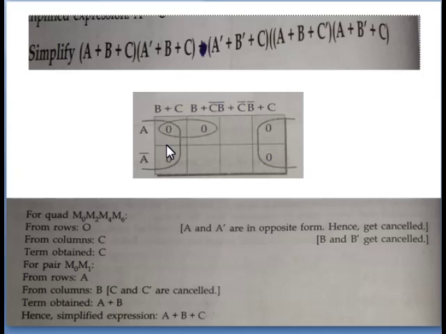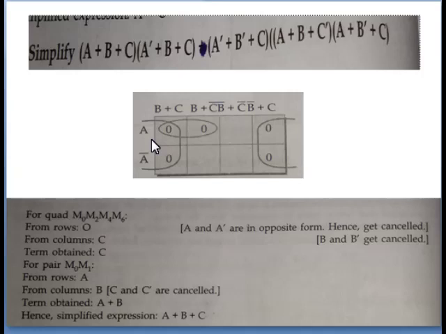Here also we have to draw the K-map first. This is a 3 variable K-map because there are 3 variables: A, B and C. The first variable is for the row and the other 2 variables are for the columns.